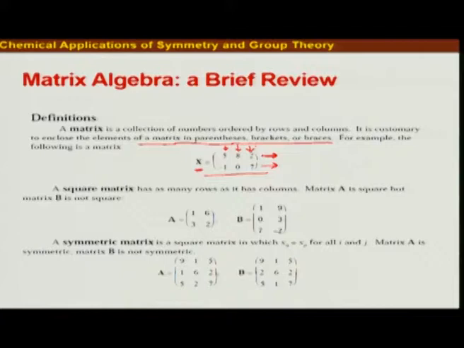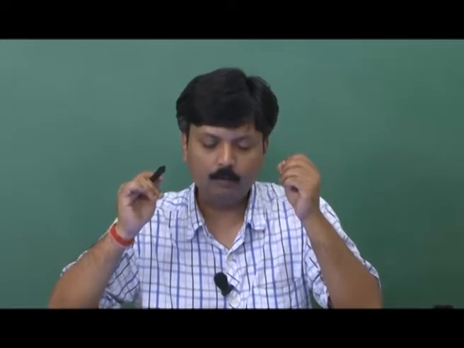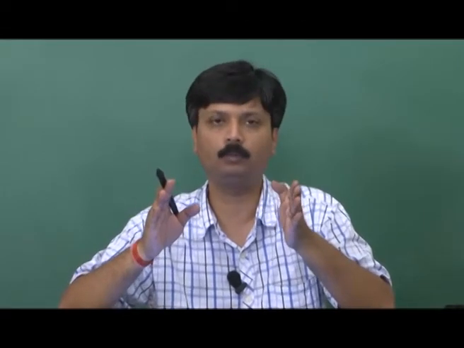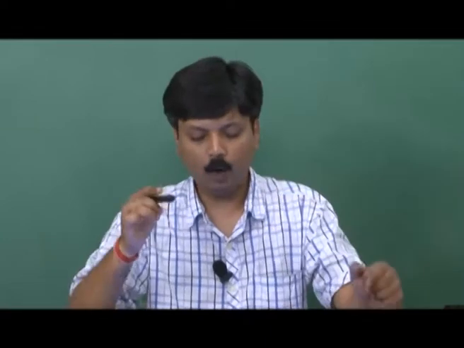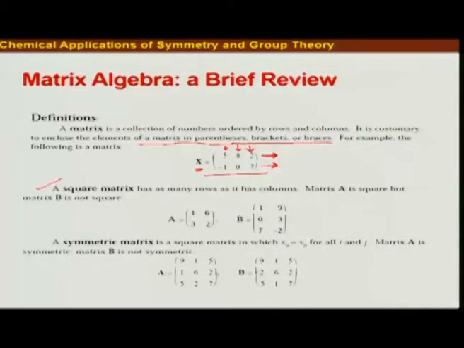Now this is a general example of a matrix. If by any chance a matrix has n number of rows and n number of columns, that is, the number of rows and columns are equal, then we call that matrix a square matrix. An example of a square matrix is given here.